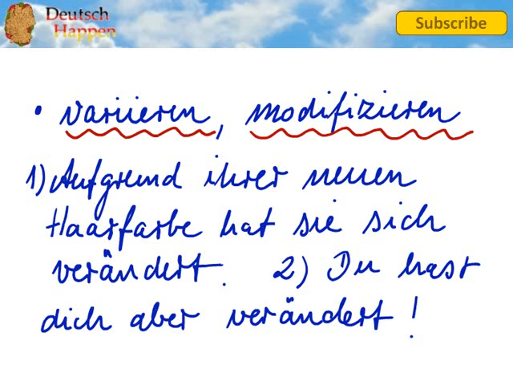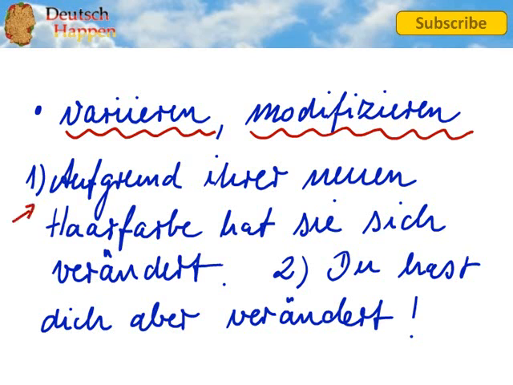You can slightly change, you can also change a lot, but the basis is still there. That is the difference from the other ändern. Complete change, or verändern: slight, medium, or also a big change, but the person itself doesn't change.